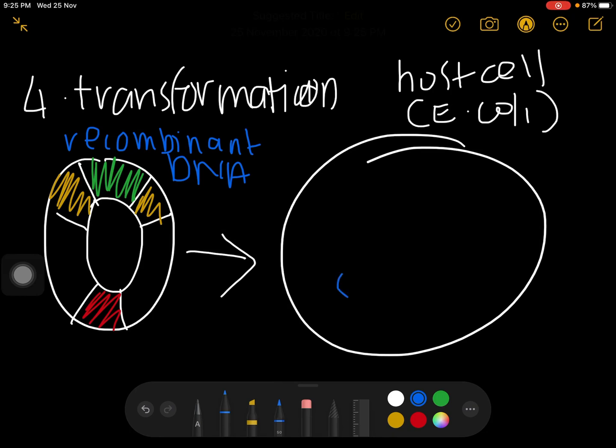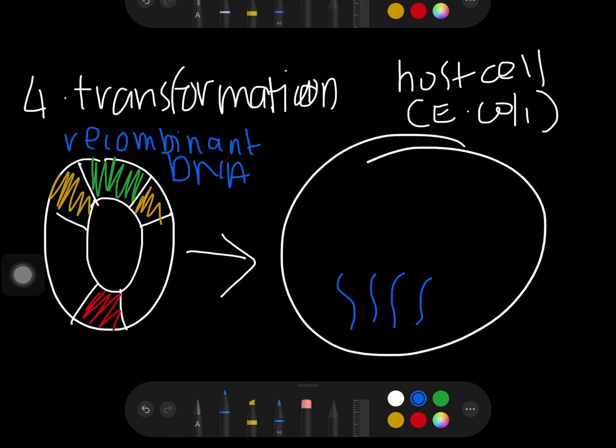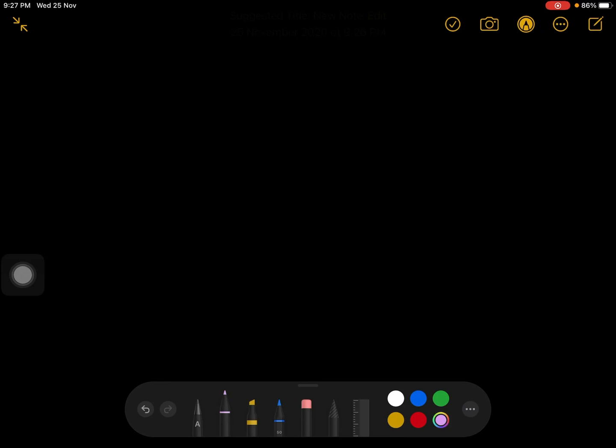We return the plasmid into the host cell. This is a host cell.